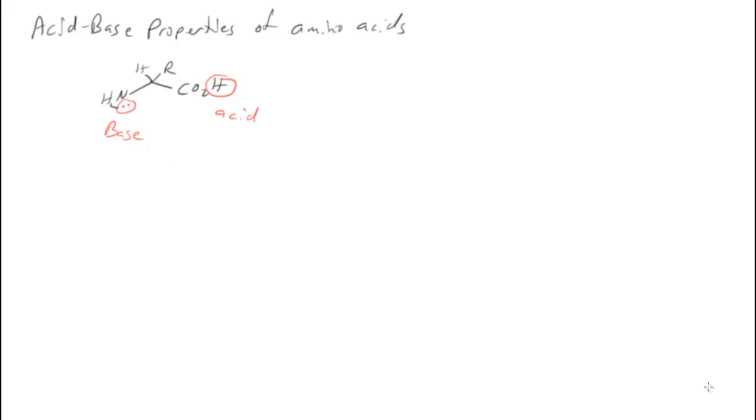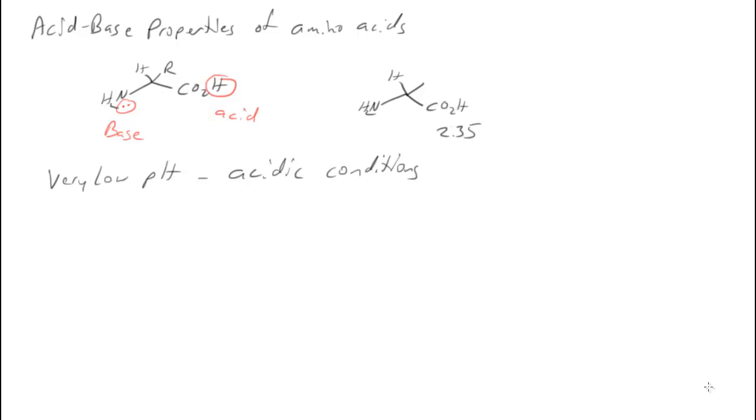What we need to think about is, under different conditions, what will the structure be? So let's look at very low pH. Okay, so under acidic conditions. So we'll take an example and let's do alanine. So the pKa of the carboxylic acid is 2.35, while the pKa of the protonated version of the amine would be 9.87.